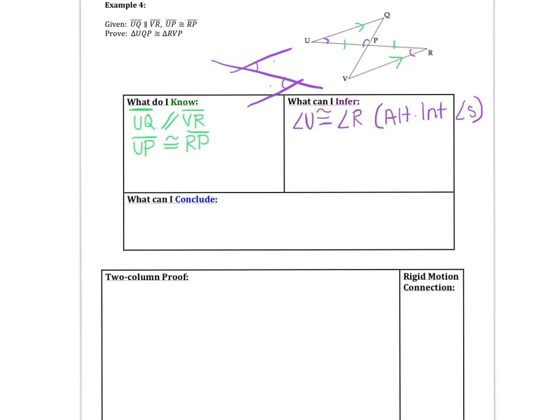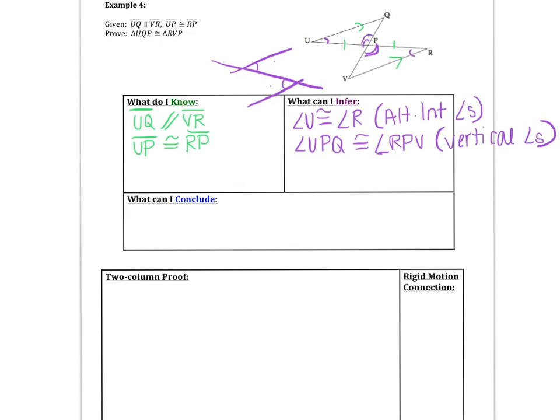Oh, I see I have some vertical angles. So angle UPQ is congruent to angle, let's see, U has the one angle marker, so I have to go over here, RPV. And I used vertical angles.